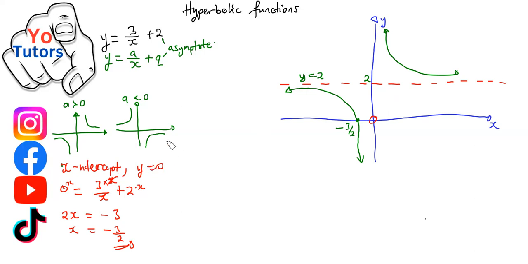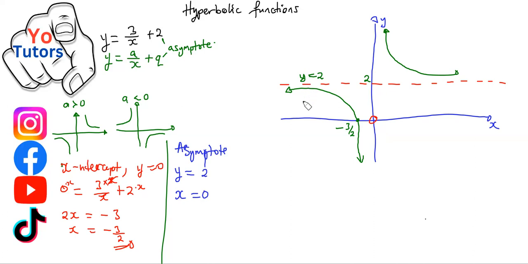Okay, so let's write here asymptote. The first asymptote, we know that it's y equal to 2, then x equal to 0, because this is x equal to 0, and the graph can't touch that line.